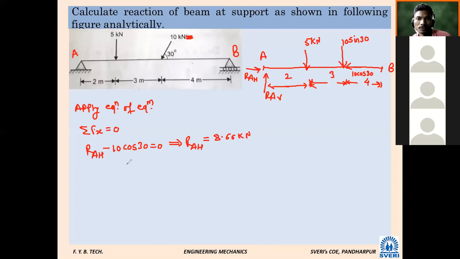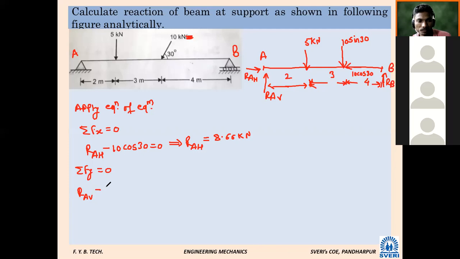Then the reaction remaining is RB. Next, summation Fy is equal to 0. Which forces will come? RAV, plus or minus? Plus.